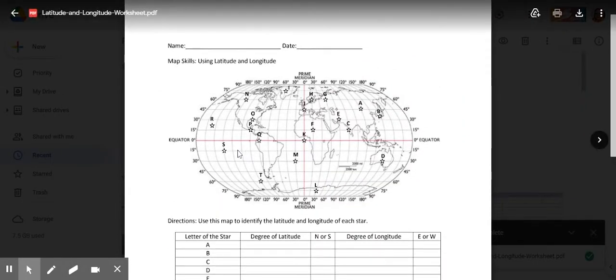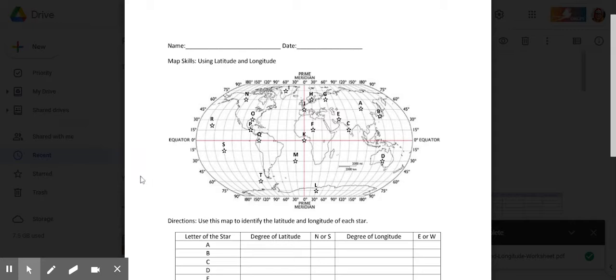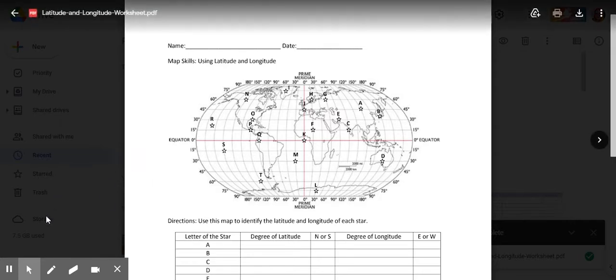I'm going to do a review of longitude and latitude for you to have a preview before you work on today's assignment. So the first thing I want you to look at is the line of 0 degrees, which is the equator, and this is the line of latitude 0.